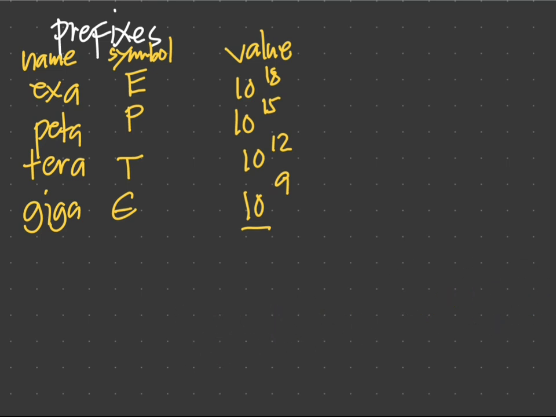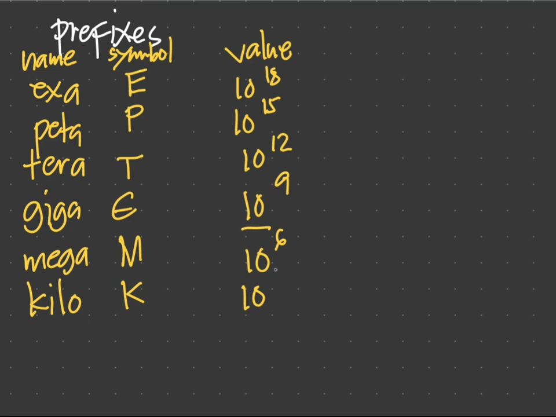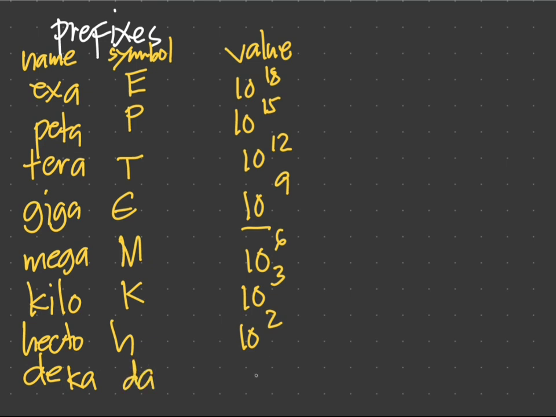Okay, the next one is mega. Mega, symbol M, is 10 to the 6. Then we have kilo, symbol K, that is 10 cubed. Then hecto, H, 10 squared. Then deca, DA, that is 10 to the 1, or times 10.